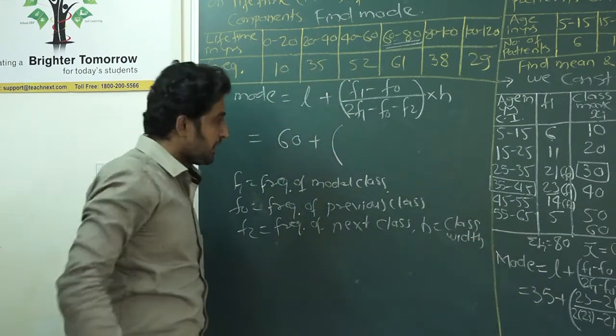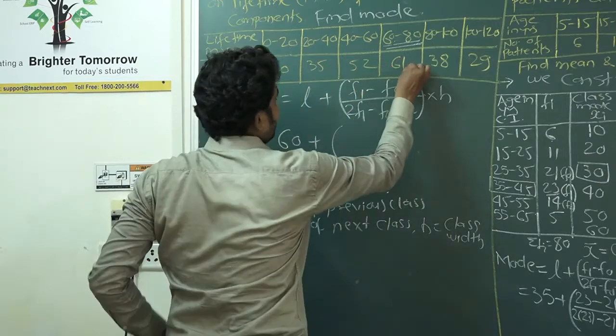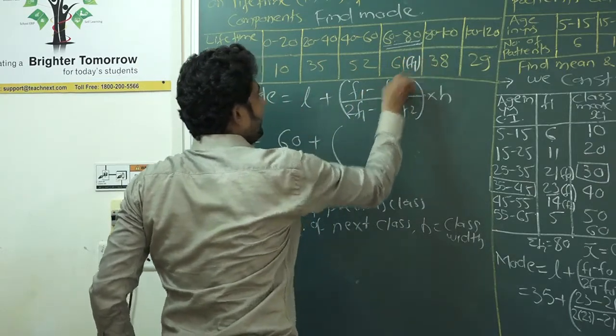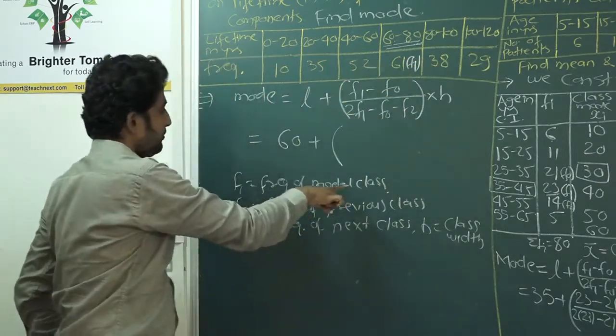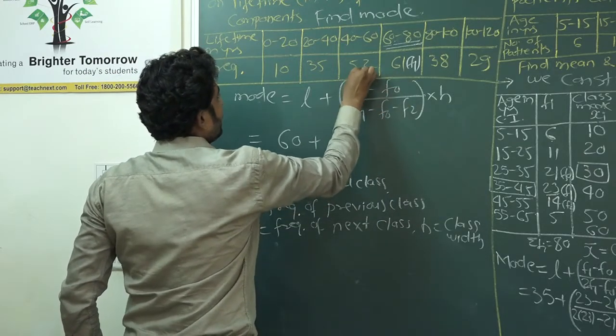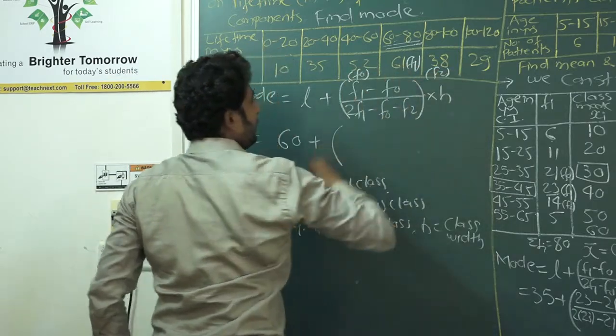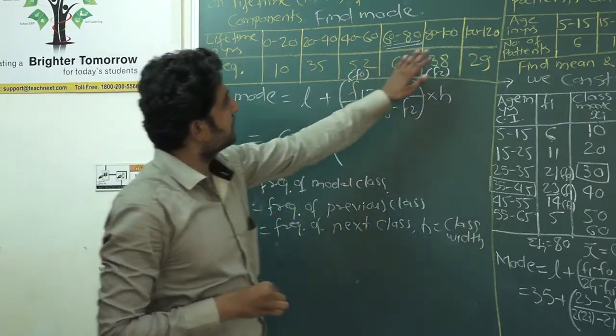Right? Now, F1 is the frequency of the modal class, F0 is the frequency of its previous class, F2 is the frequency of the next class to the modal class.